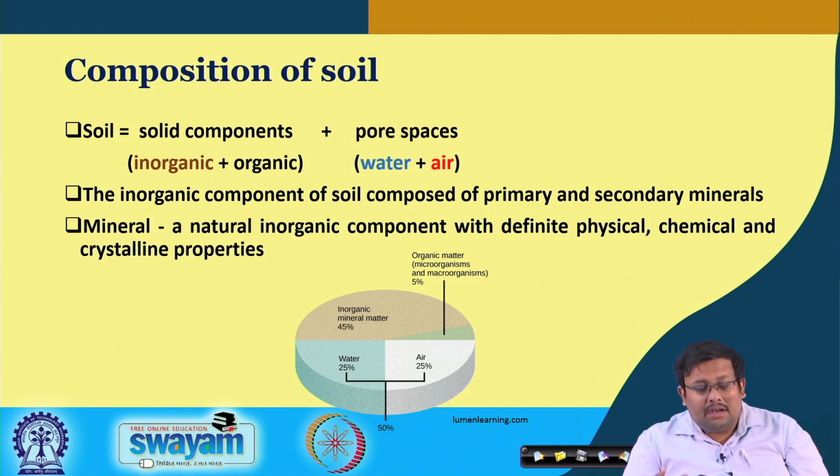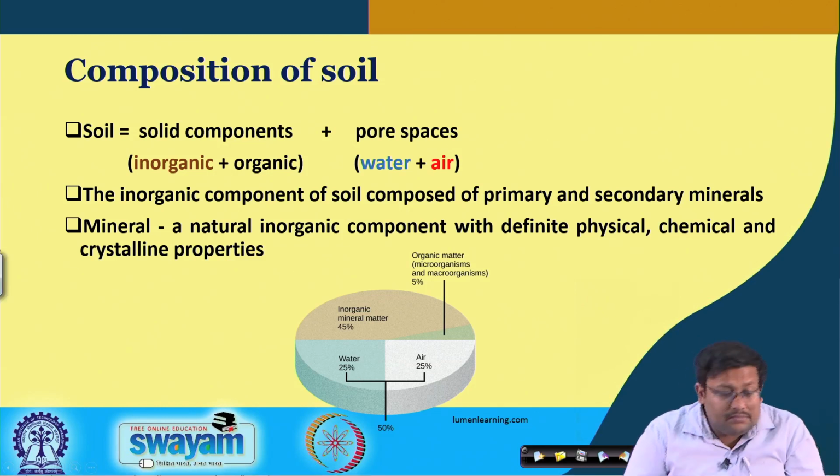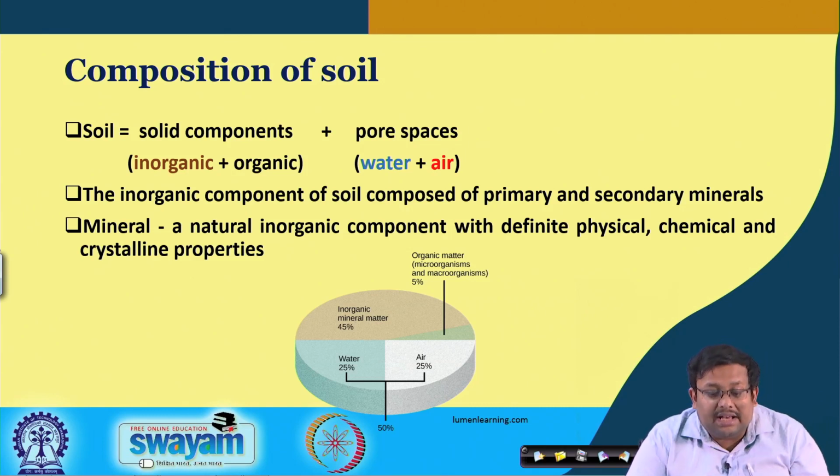Those who have already taken our introductory soil science and technology course in NPTEL, we have already discussed the composition of the soil, but let us see again what is the basic composition of the soil. You know that soil is composed of both solid components as well as pore spaces, and the solid components are basically occupied by different inorganic and organic matter, and pore spaces are occupied by water and air interchangeably.